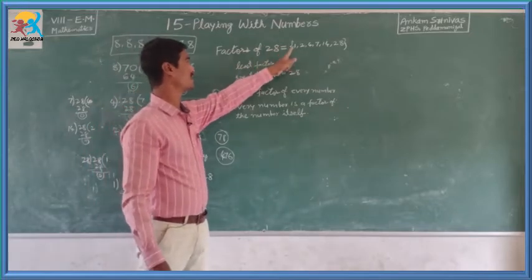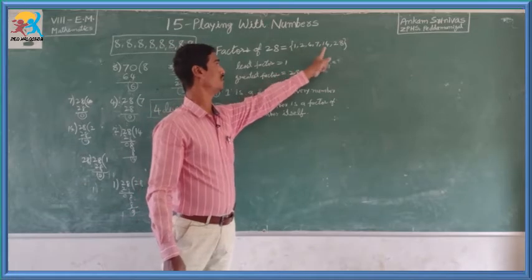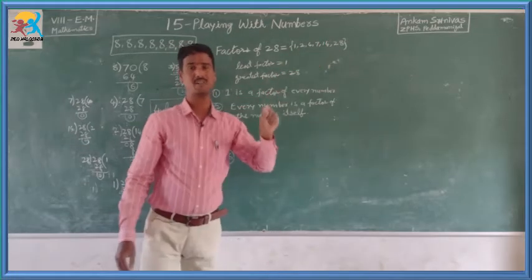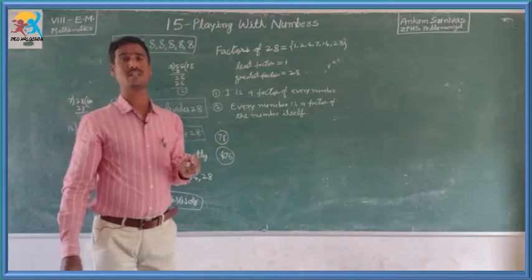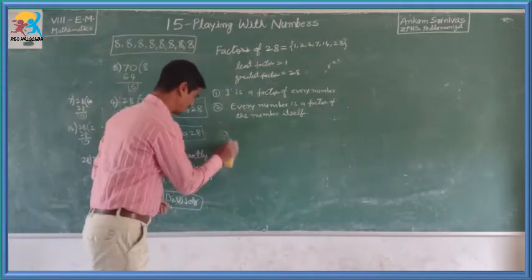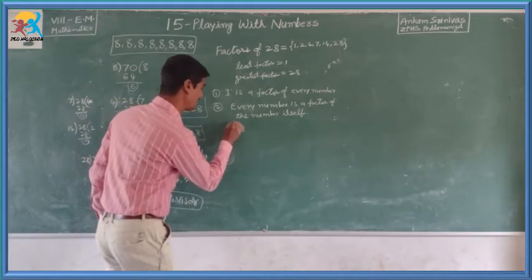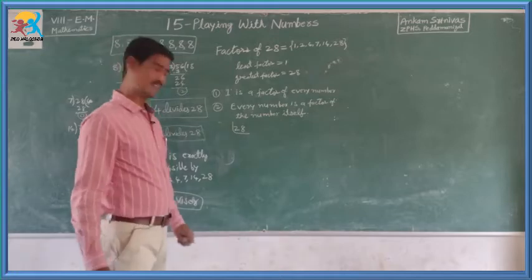How many factors has 28? 1, 2, 3, 4, 5, 6. Without finding the factors, how to find the number of factors of a given number? Let's do this process. Find the prime factors of 28, that means the given number.